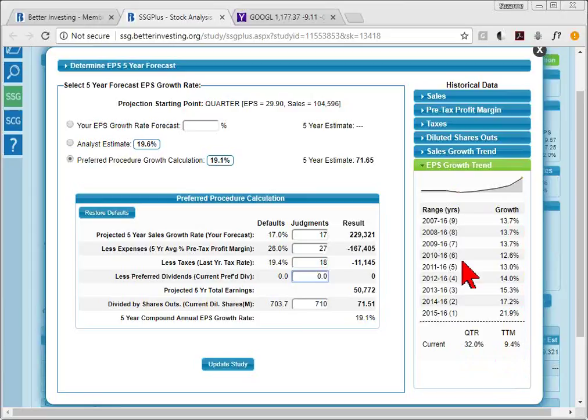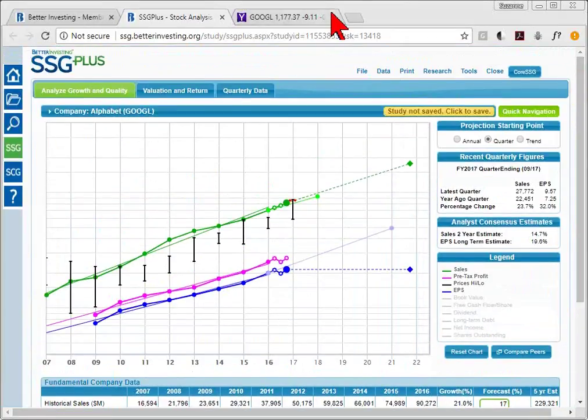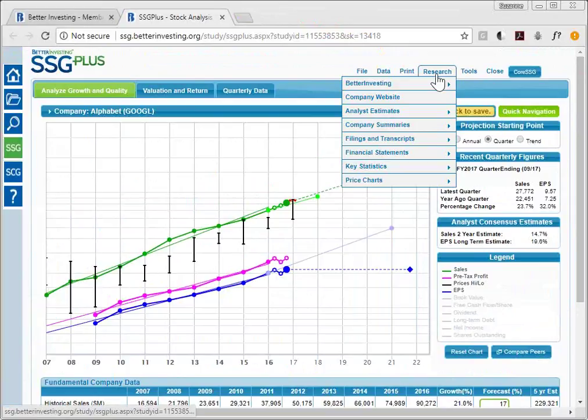I'm going to answer a question that I see coming in about another reference point, which is other analyst earnings. Again, we've got our analyst estimates from Morningstar, consensus estimates. We have our preferred procedure calculation. I'm actually going to close this out and do it again.